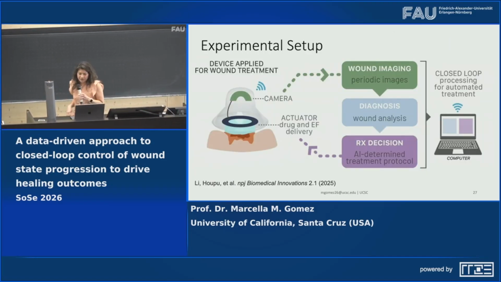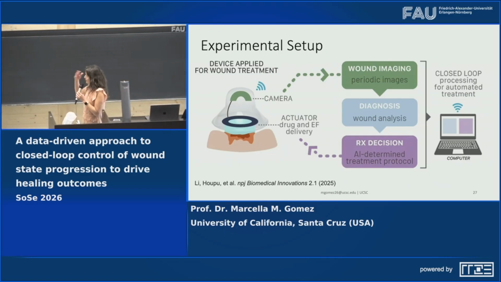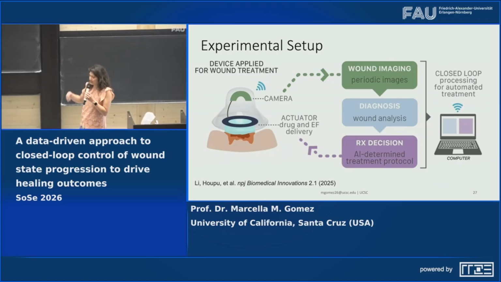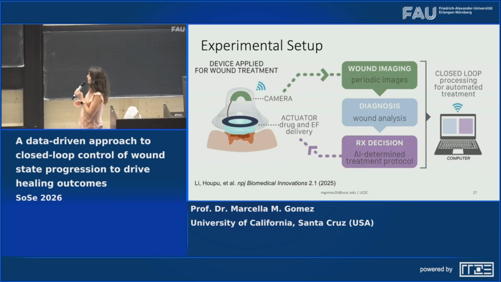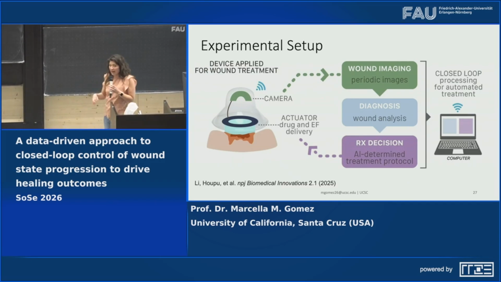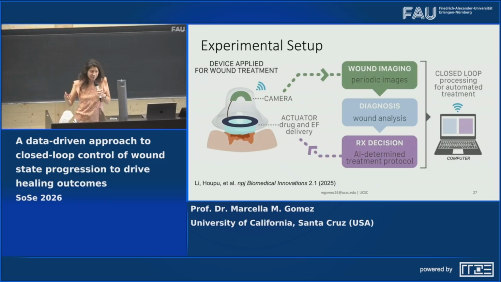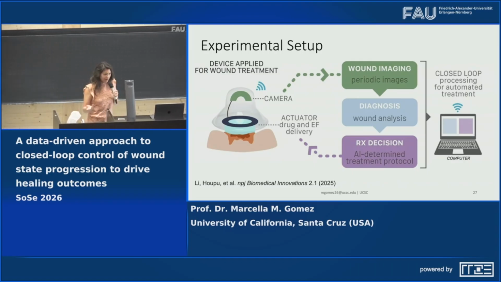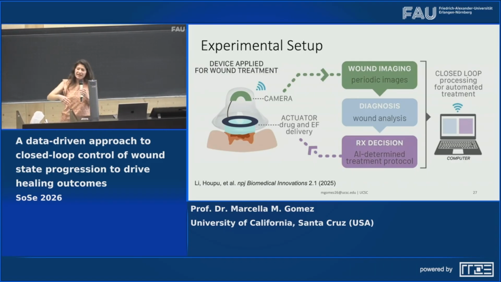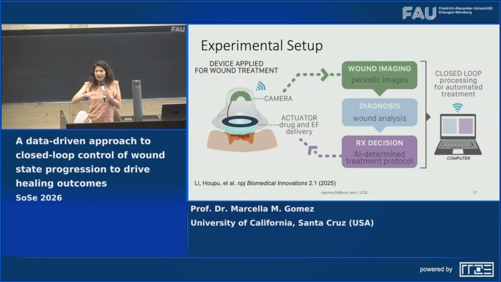And so this was our experimental setup. We designed this device, which we call A-Heal. It's our bandage with AI capabilities, and it has a wireless transmitter, or Bluetooth, so essentially it can send and receive information wirelessly. It was taking an image every 2 hours, and those images were sent to the computer.